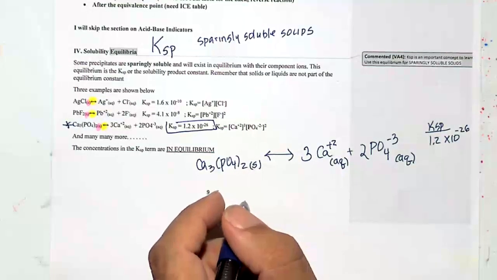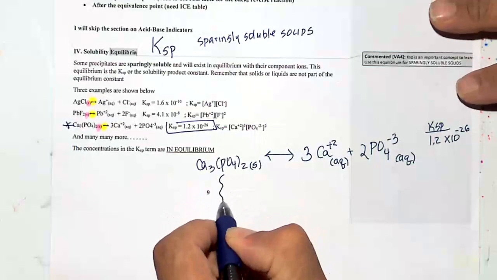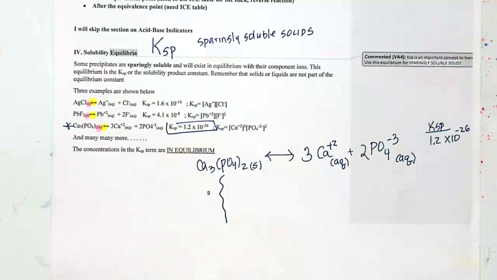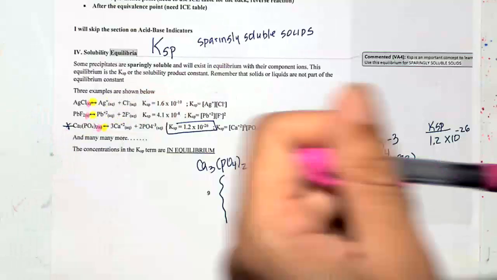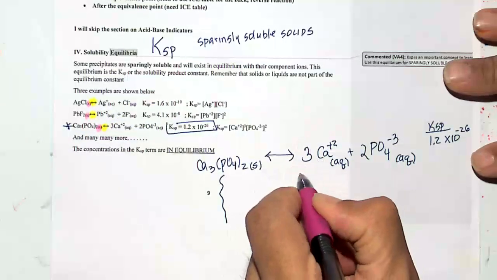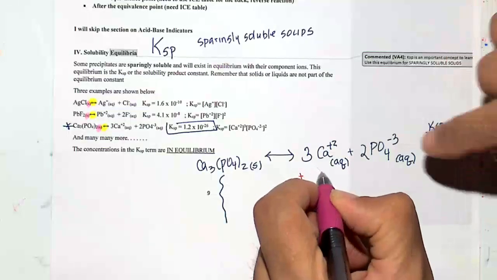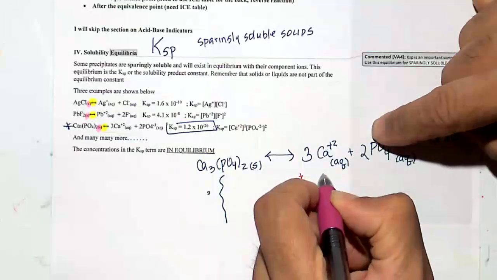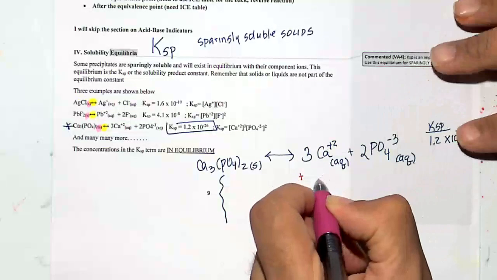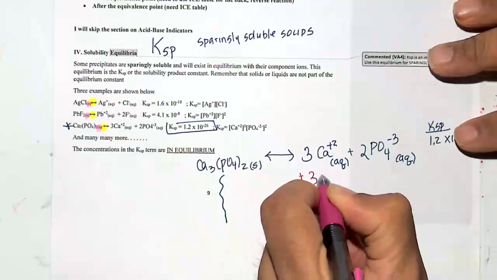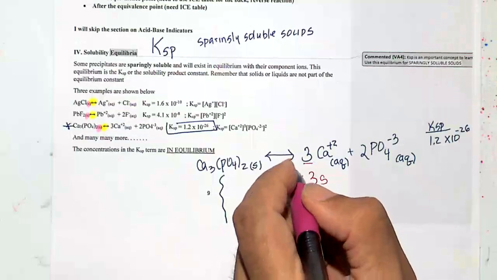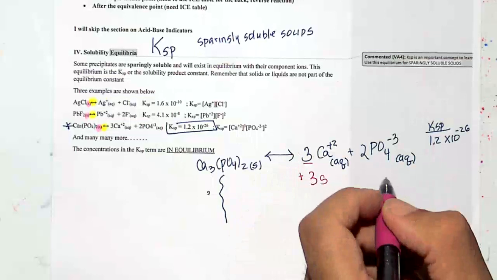So for the ICE table, first of all, don't worry about the solids and don't worry about the liquids. But some of that solid will go back here. And it's going to be plus, we don't use X, we use S. And this one will not be just S alone. But how much S? Because of the balanced equation, it will be 3S.